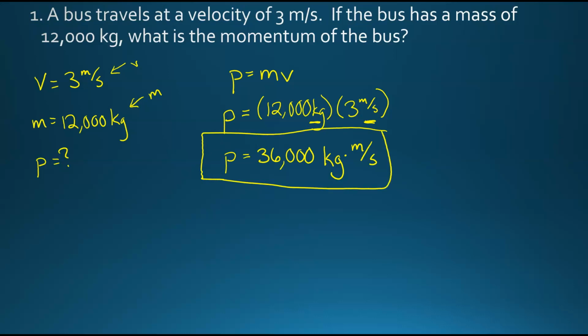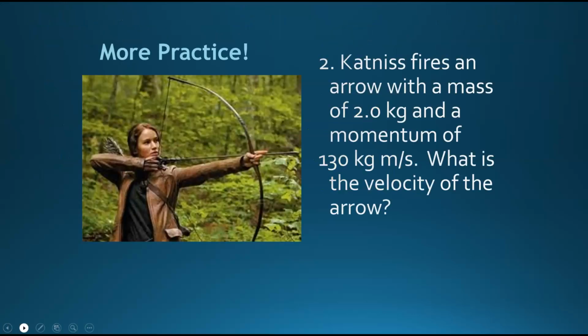That's the momentum. So let's see if we can solve a different sort of problem with the same equation. So we're in the Hunger Games now, and we have Katniss, and she shoots a bow and arrow because she's amazing at it. Katniss fires an arrow with a mass of 2.0 kilograms. So we know M equals 2.0 kg.